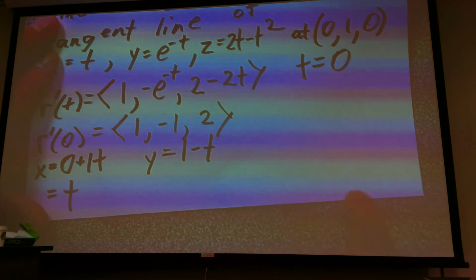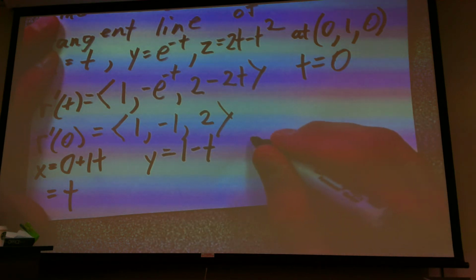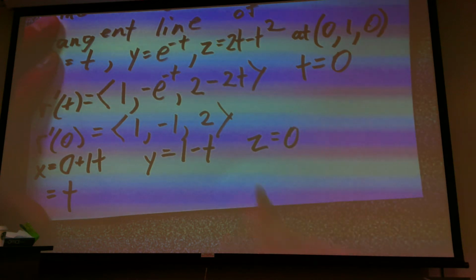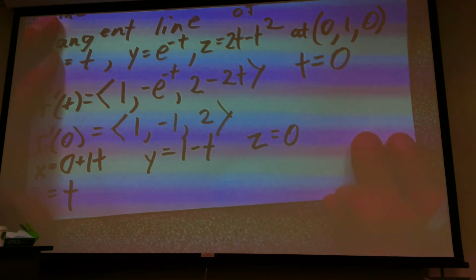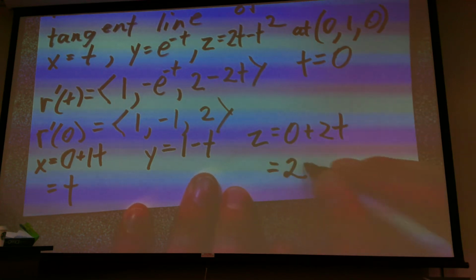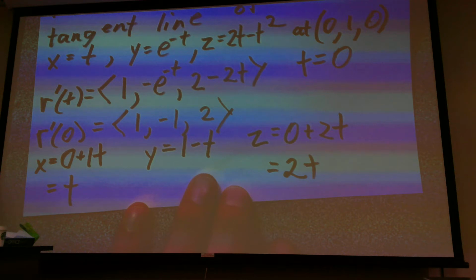Well, that's just 1 minus t. Okay. And then z, okay, I have a point right here that is 0, and then I have this portion that is corresponding to the vector, which is going to be plus 2t. That's going to equal 2t.